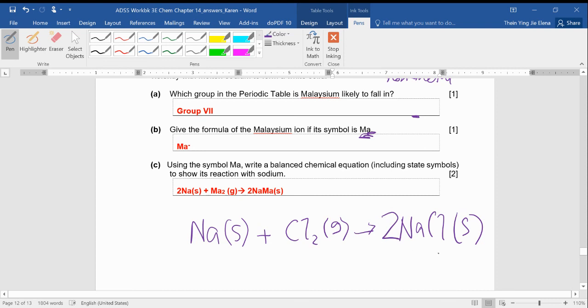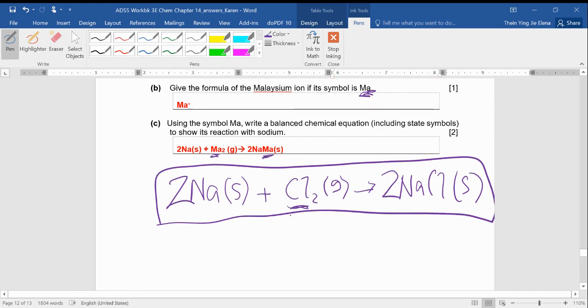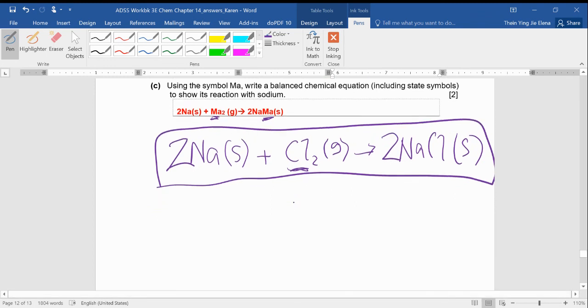So I have 2 sodium on my right, I need to have 2 sodium on my left. Okay, so this is what is actually happening. Just that I said my element is something new, is magnesium. So I just need to change this Cl to Ma. Alright. So it's just a fictional element. There's no such thing as magnesium.